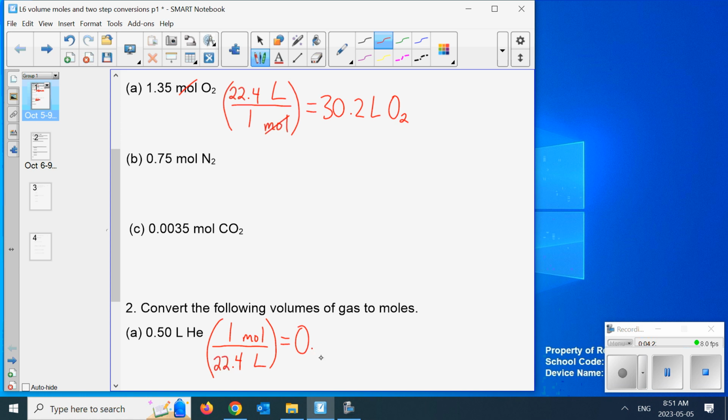Anyways, back to this. That's it. I only need 2 significant digits. Front zeros never count as significant digits. And my unit in this case is mole, because we're supposed to convert gas to mole. And it's the helium gas.